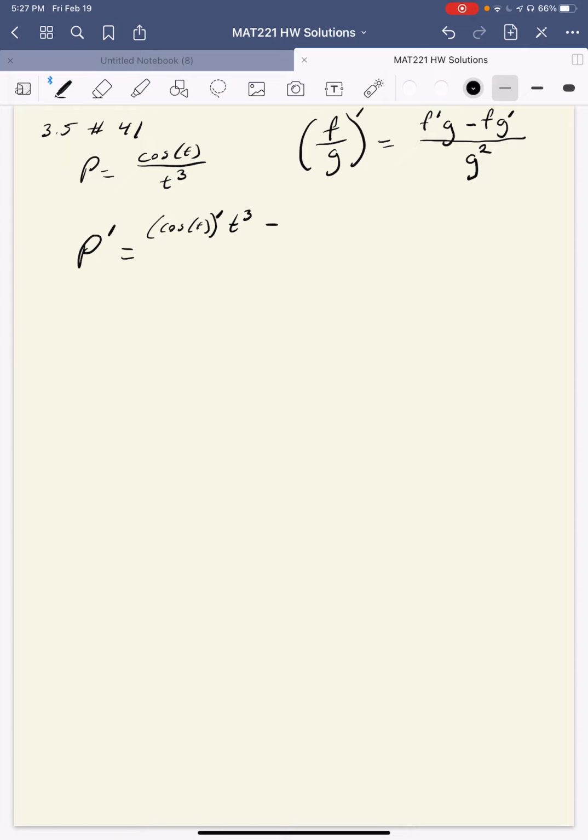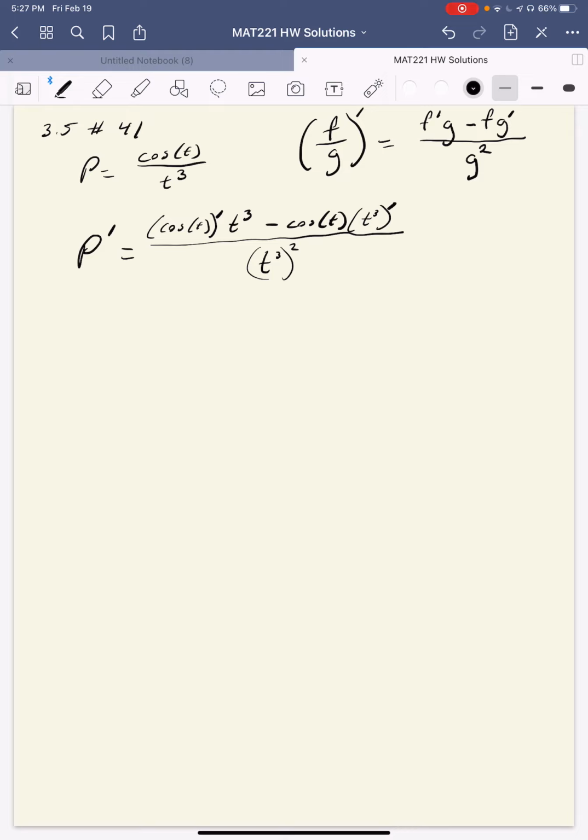Subtract from that the numerator multiplied by the derivative of the denominator, all over the denominator squared, and the denominator here is t cubed, so I'm going to square t cubed.